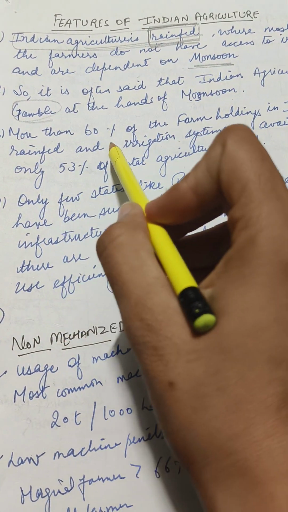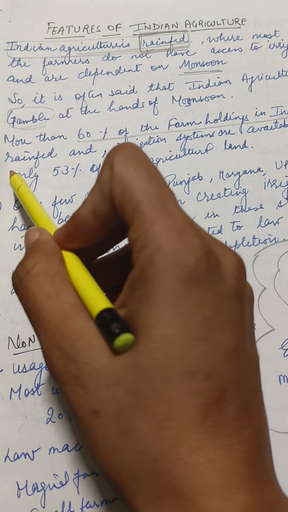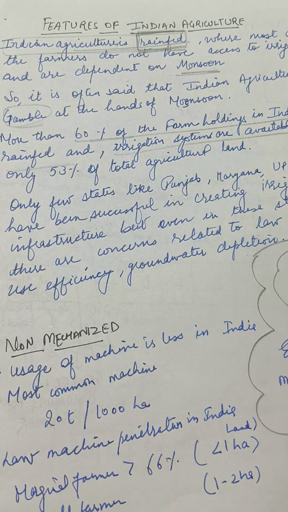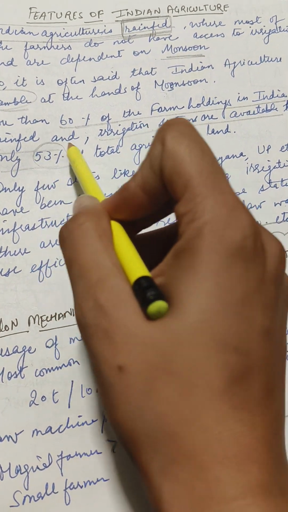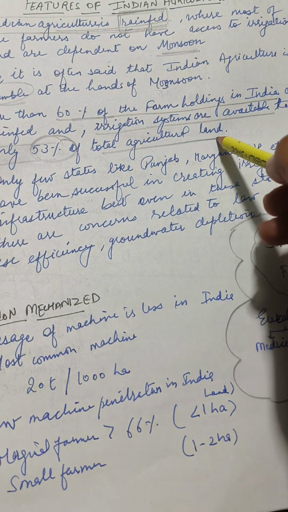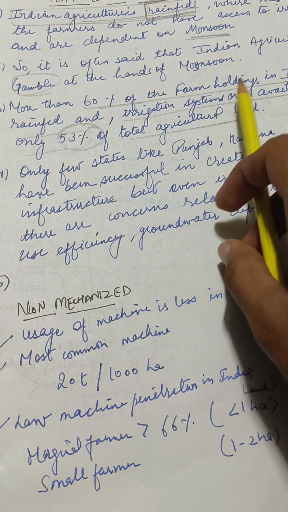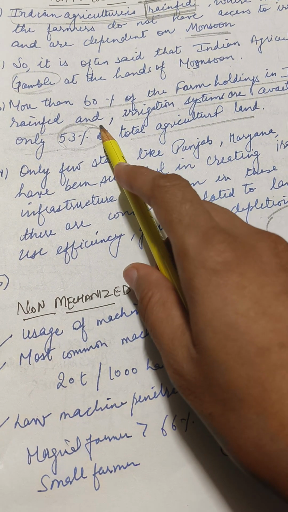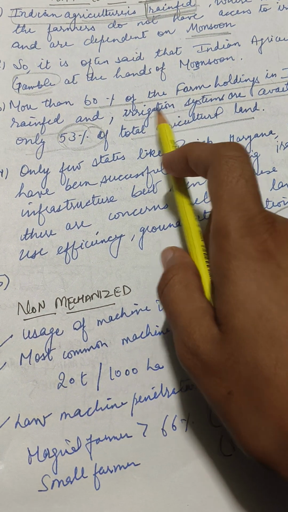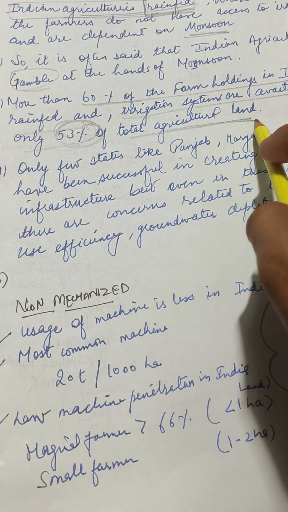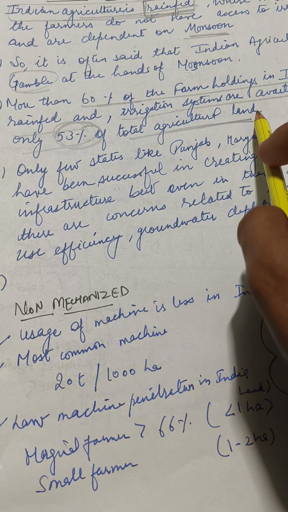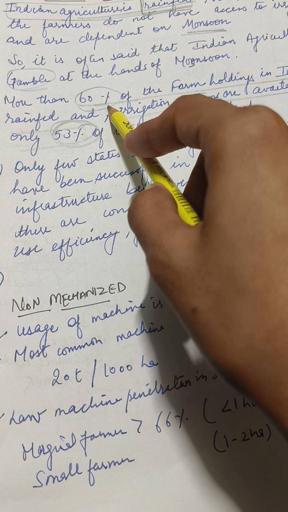Now, more than 60% of the farm holdings in India are rain fed, and irrigation systems are available for only 53% of the total agriculture, which is quite less.